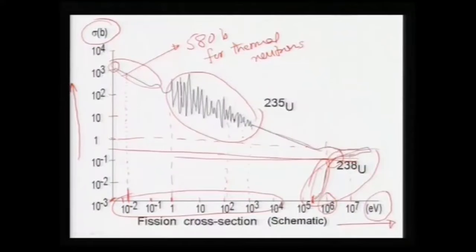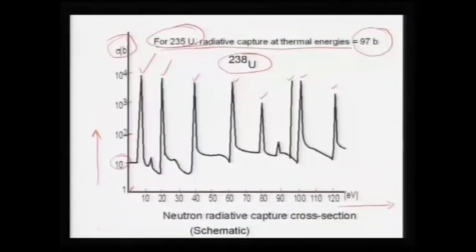Here the fission starts at about 1000 barns, and there the radiative capture absorption starts at about 97 barns, and then that also decreases and goes through resonances and so on. So the magnitudes of these two events should be remembered.